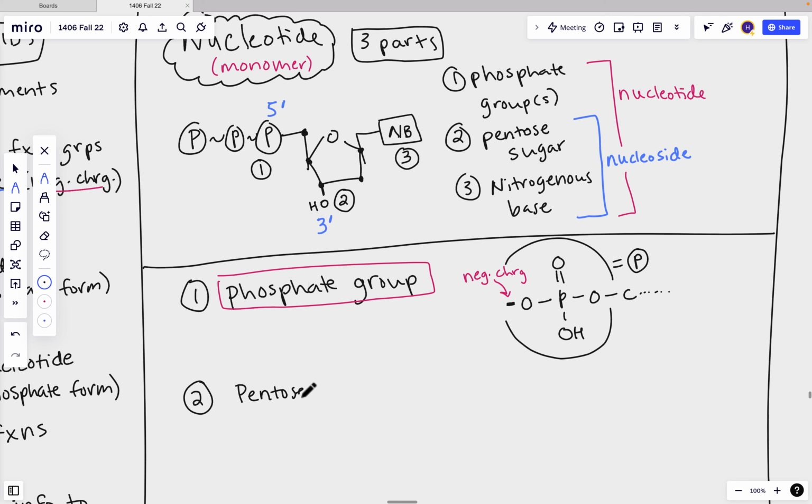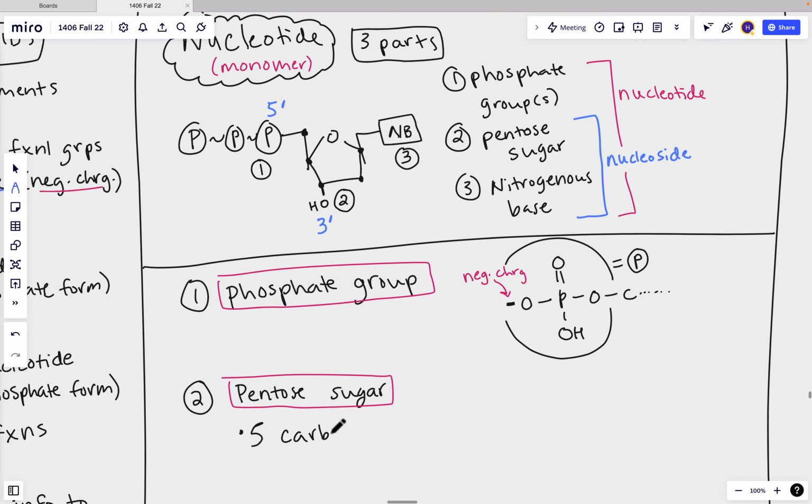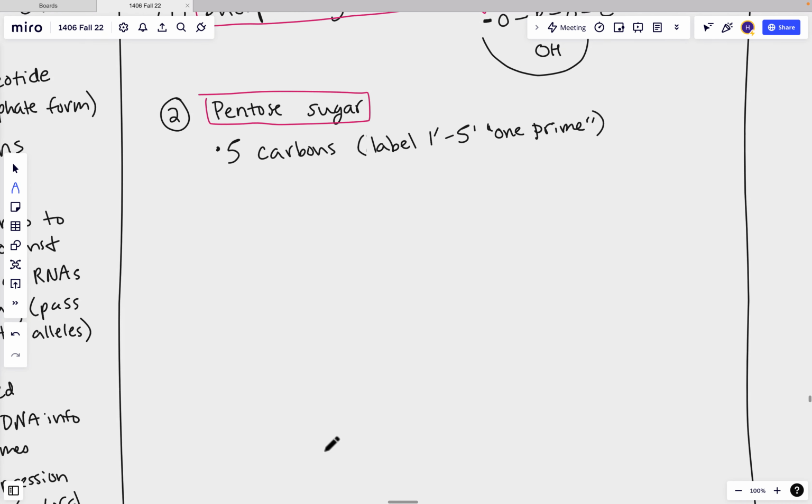Let's look at the pentose sugar. So that means 5 carbons. As I mentioned before, you label them 1' through 5'. So 1', 2', 3', 4', 5'.